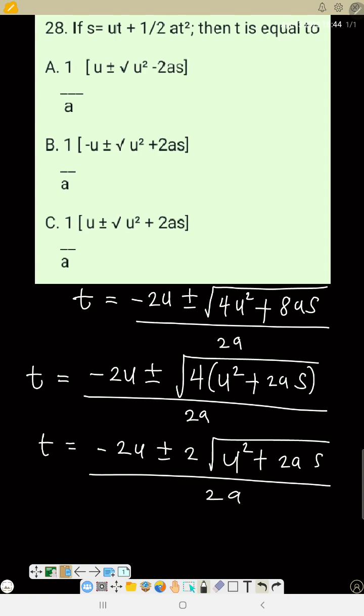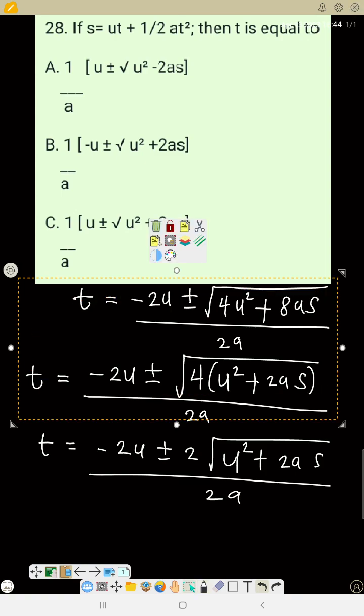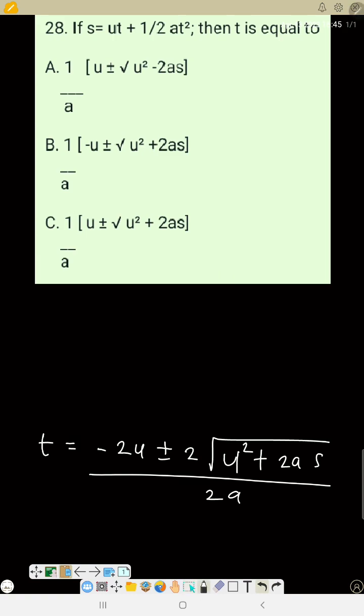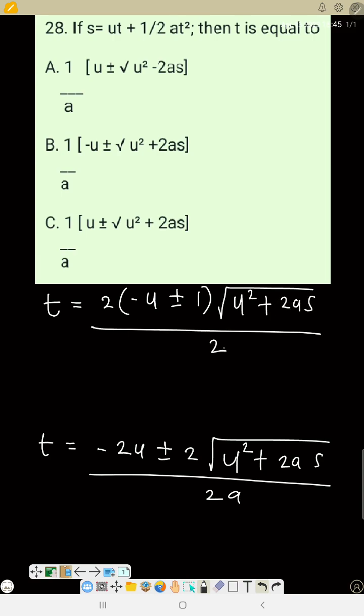So now 2 is common here. We have t equals minus 2u, let me, 2 is common. So you have minus u plus or minus 1 root u squared plus 2as over 2a.